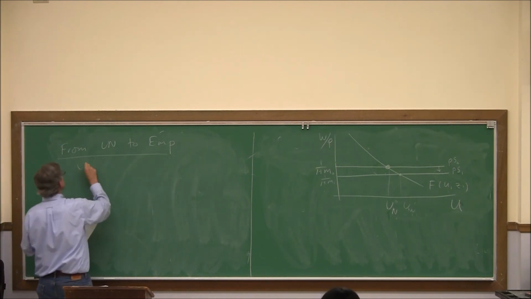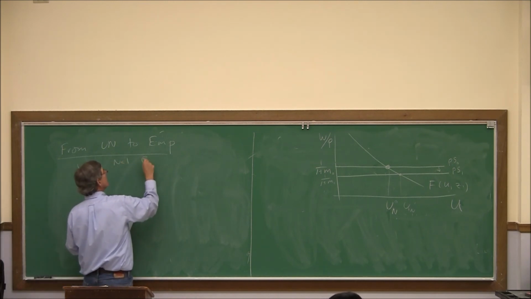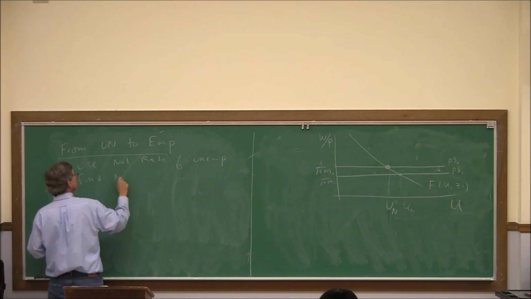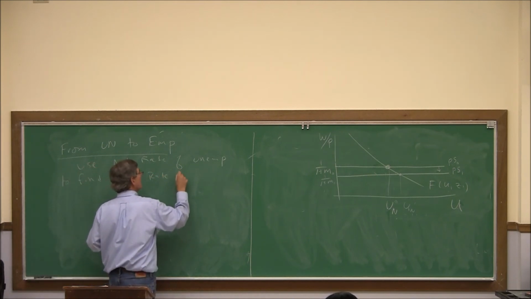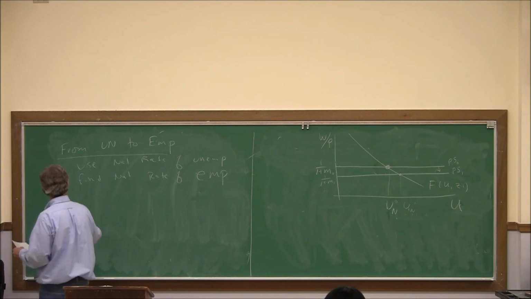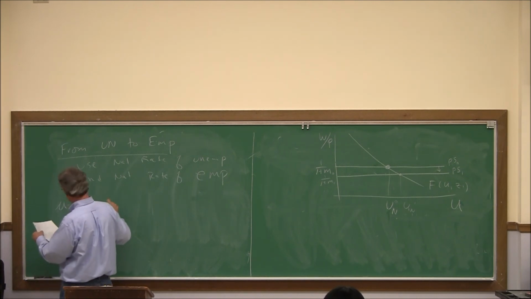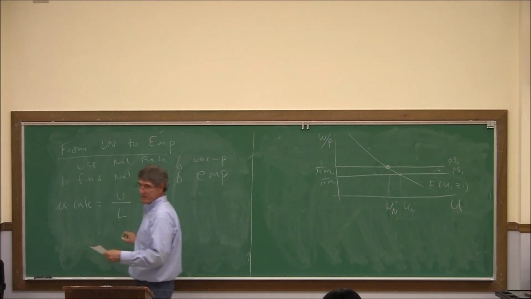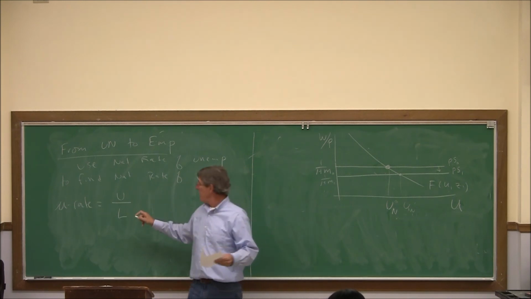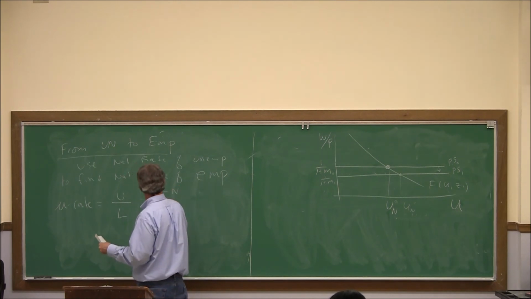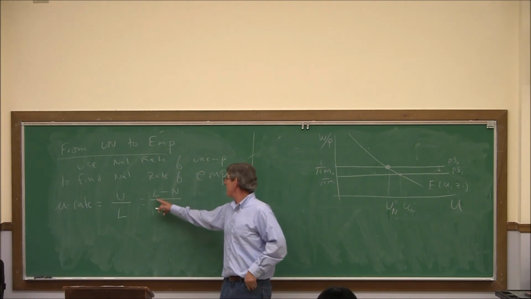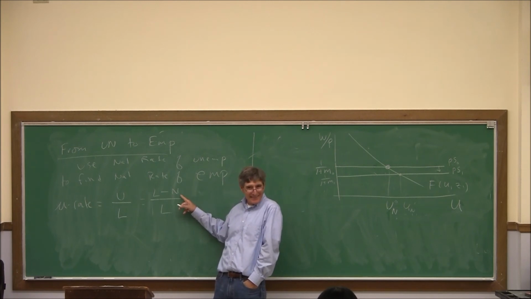Okay, so we're going to use the natural rate of unemployment to find the natural rate of employment. All we have to do is remember that the unemployment rate is the number of unemployed over the labor force. So U is the number of people that are unemployed, L is the labor force. That's the same as L minus N over L. So the number of people not working is the labor force minus the number of people employed, right?